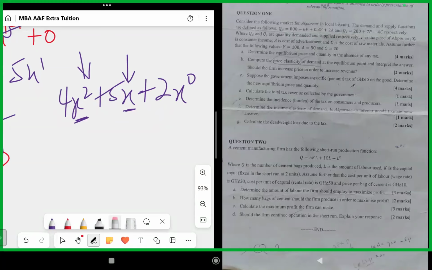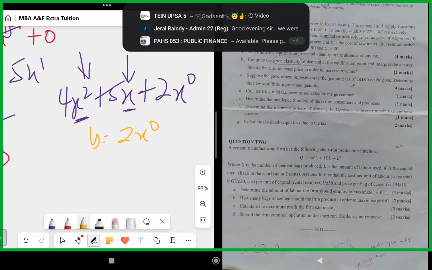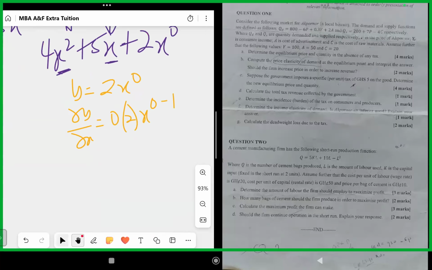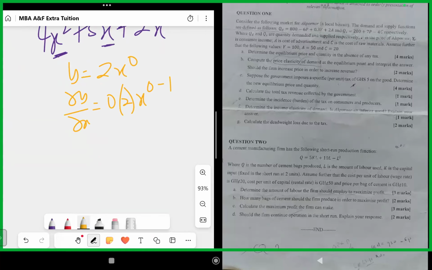But when we are differentiating 2 times x exponent 0, let's say y, dy/dx will be equal to 0 multiplied by 2, then we subtract 1 from the 0, which gives negative 1. So 0 times 2 times x to the negative 1, what do we have?